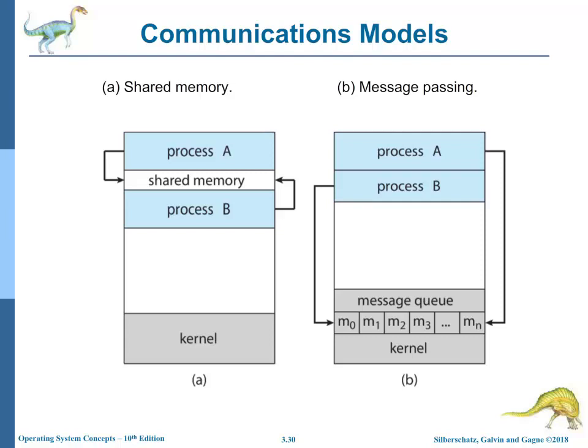Processes can then exchange information by reading and writing data to the shared region. In the message passing model, communication takes place by means of messages exchanged between the cooperating processes. Both of these models are common in operating systems, and many systems implement both.